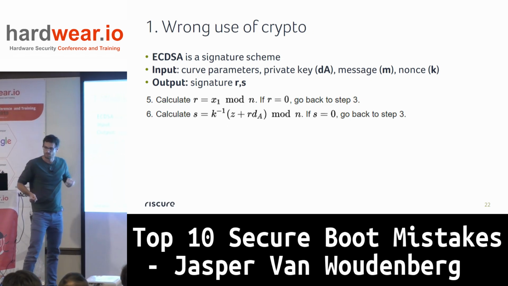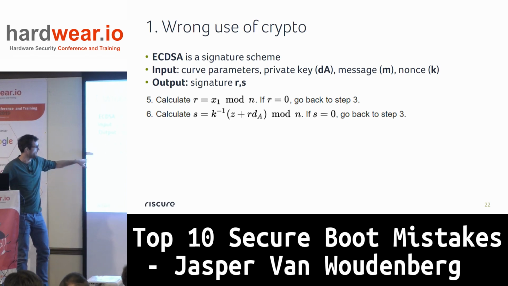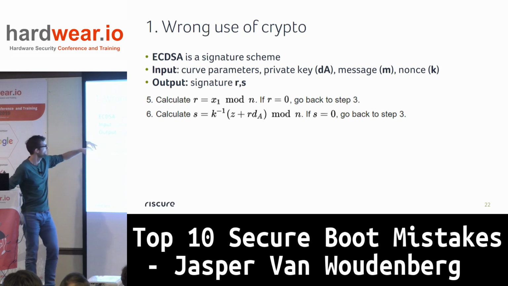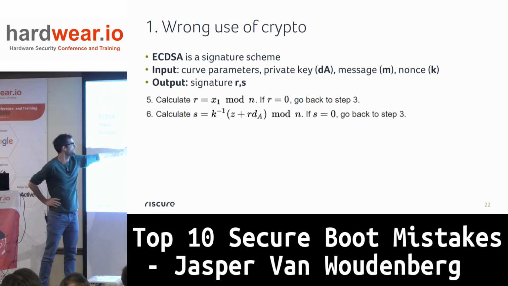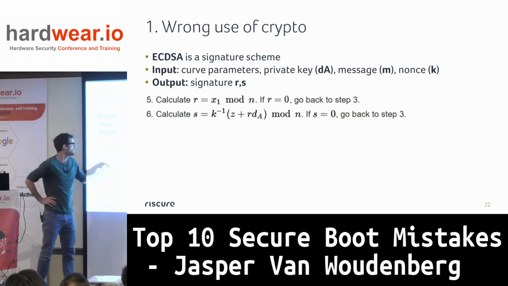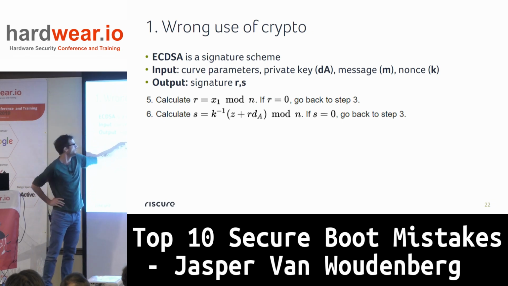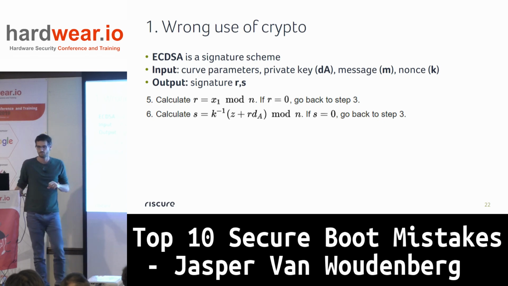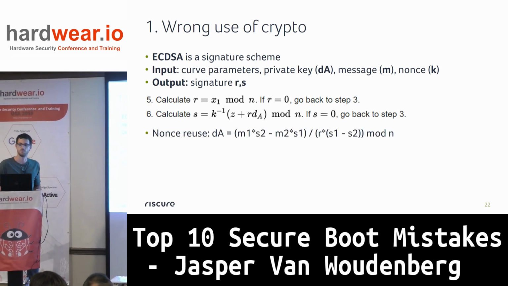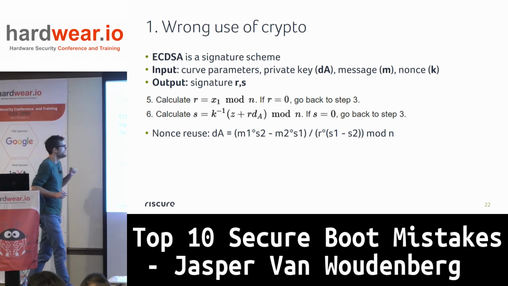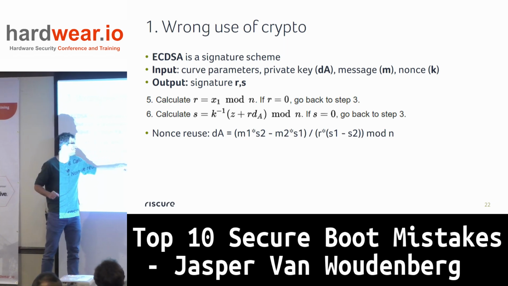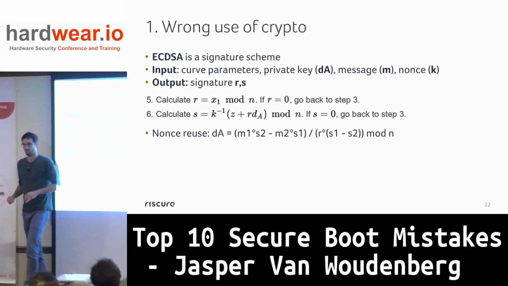This is just how you calculate an ECDSA signature, at least step 5 and 6. The rest is on Wikipedia. This K is the number used once, and this is the private key right here. So you don't see those as an attacker, but you do see R and S. Now, what happens if you reuse K for multiple messages, you can actually calculate the private key based on those two messages and based on the signatures of those two messages.